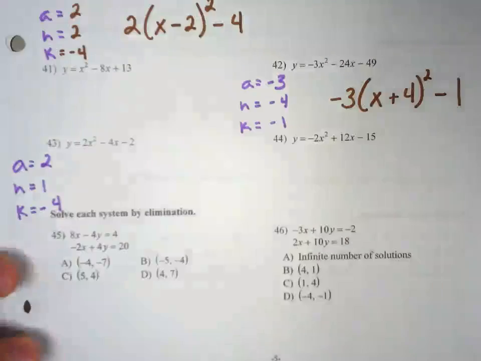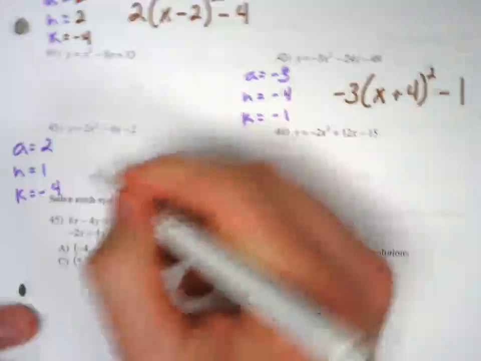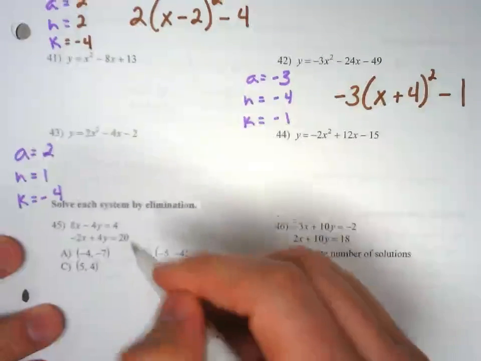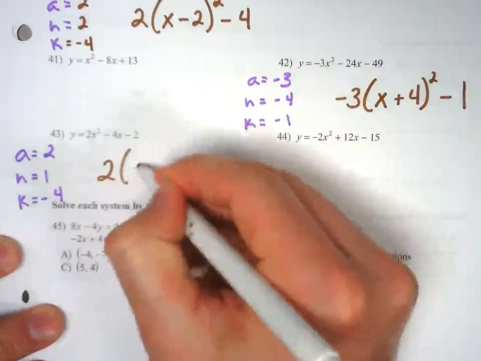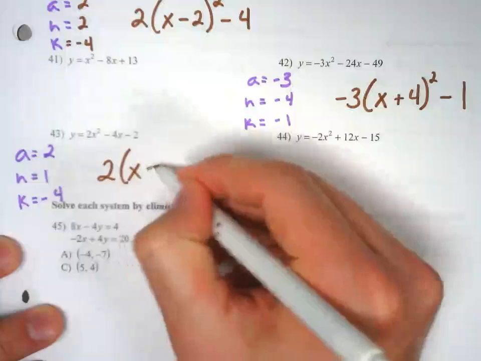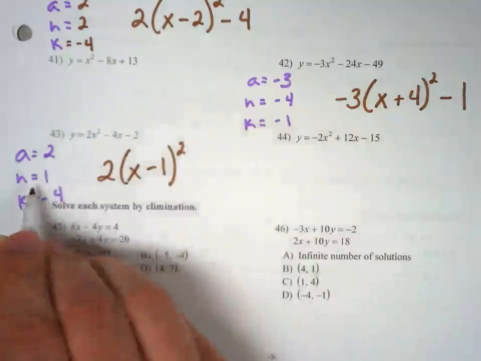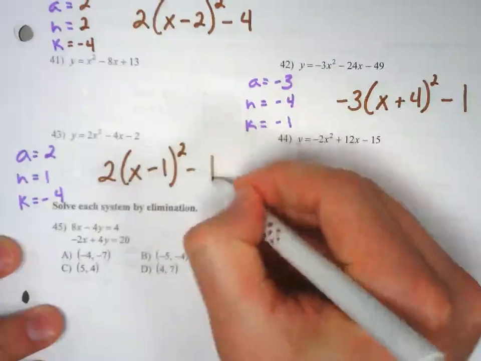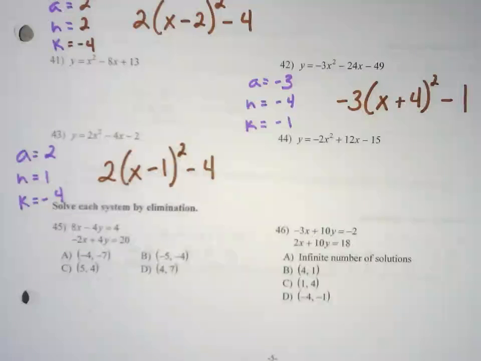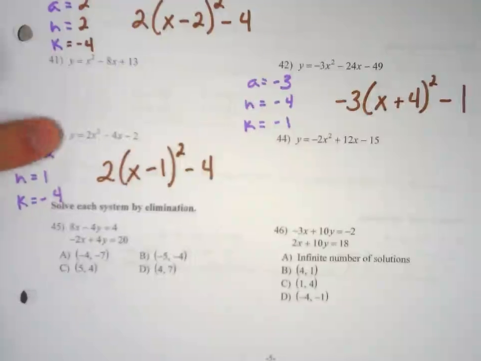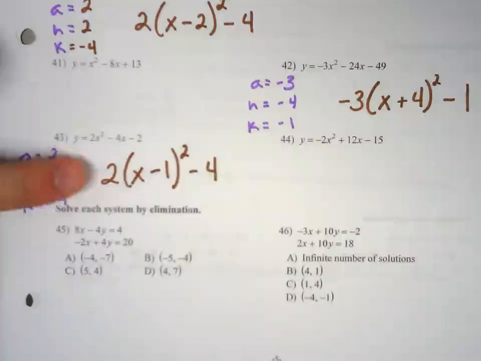I have all that information, so again I plug it into my formula. I've got 2, parentheses, x minus 1, because that's the opposite of a positive 1, and then minus 4. And that is the vertex form when going from standard form to vertex form.